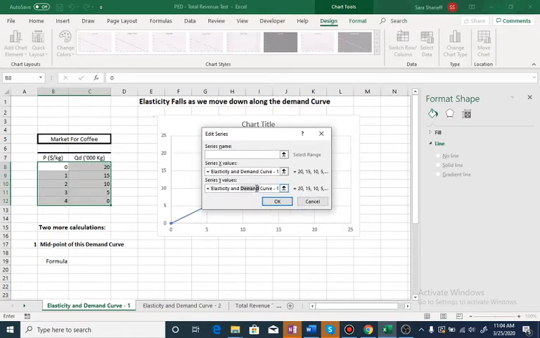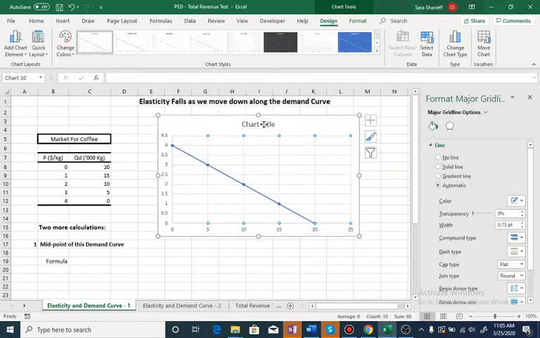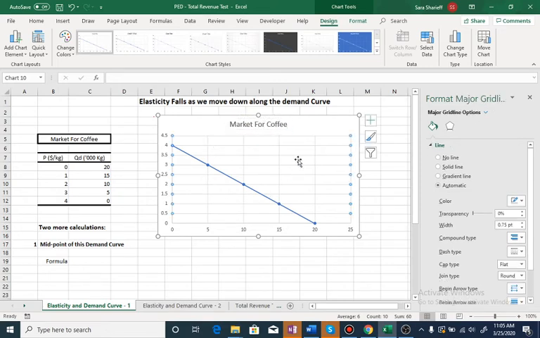And on the y-axis, I need price, right? So let's assign a title to this chart. It is market for coffee. Let's label our axis now.